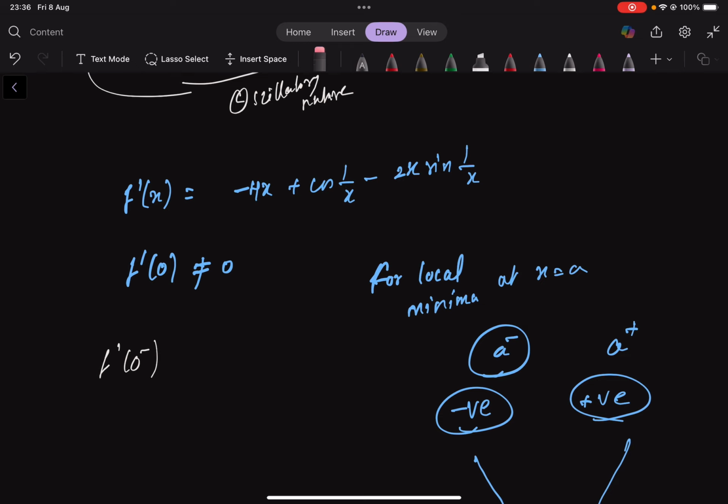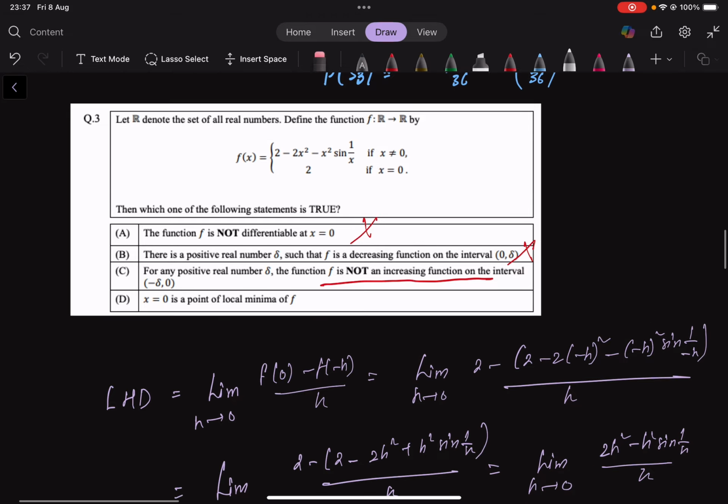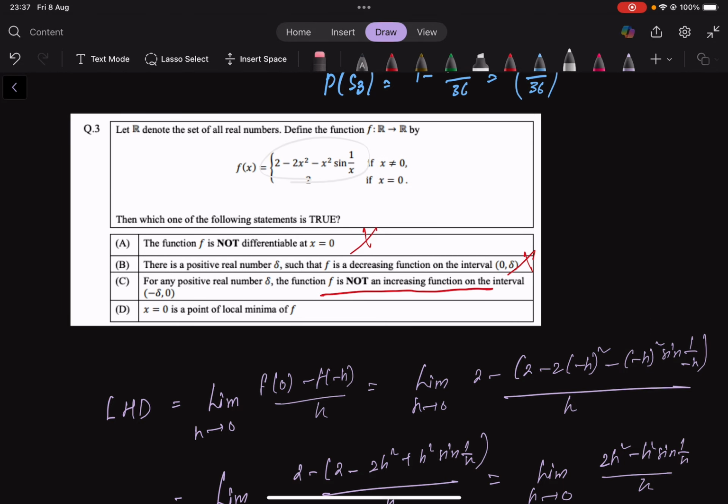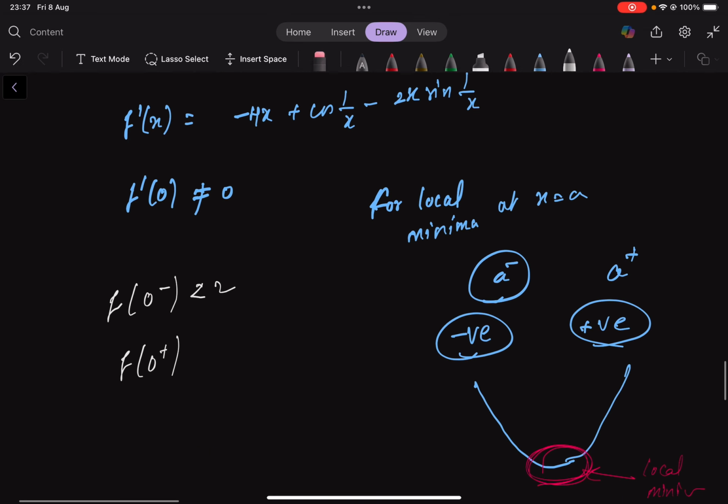We can't really comment about this particular thing. But if we consider f of 0 minus and f of 0 plus, we can say for sure from the function that both of them are less than 2, and at x equals 0 it is 2.